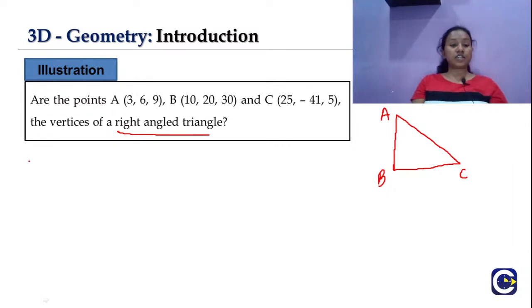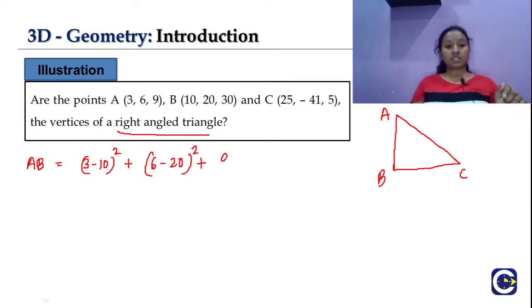So let's first find the distance AB. So (3 minus 10) whole square plus (6 minus 20) whole square, and then (9 minus 30) whole square, under square root.